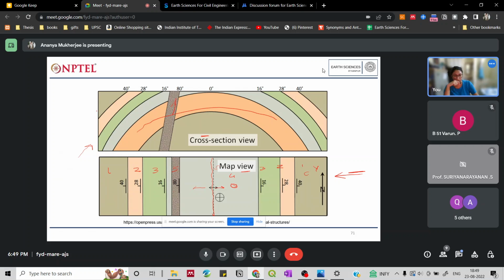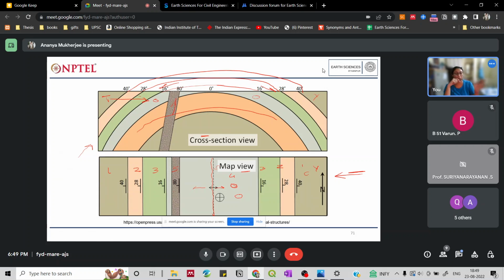How can we say this? Suppose we keep joining these. We will see that the limbs are away from each other, and as per the ages that we have calculated, this is the topmost, and then the age increases. That means this is the older rock. This is again younger and this is the older rock. So over here this would be the older one and this would be the younger one.